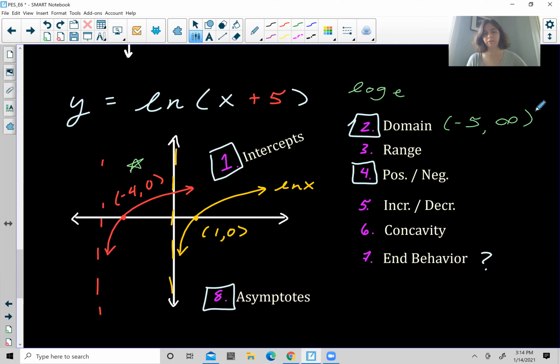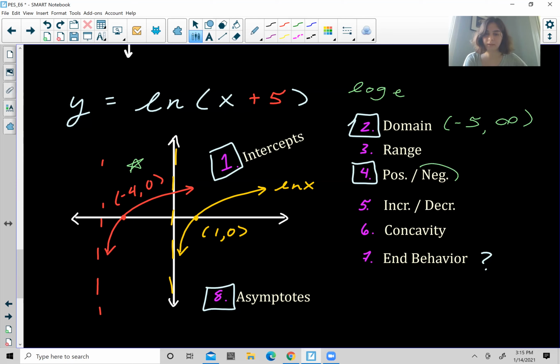You can also see on the graph that we don't have any curve that is left of that asymptote. And then for range, that's going to stay the same, negative infinity to infinity.